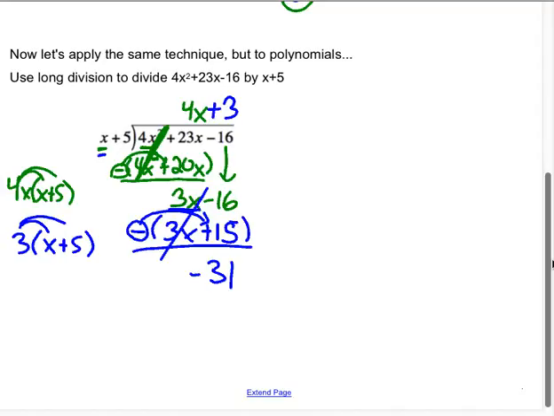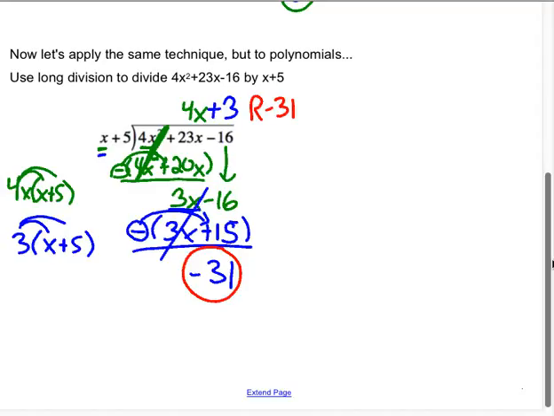Now notice, x can't go into negative 31, okay? And also there's nothing else to pull down. So what that's communicating to me is that this negative 31 is the end game. That is that remainder that we're getting. So I have a remainder of negative 31. However, just like I pointed out up above, we really don't like to write it that way.